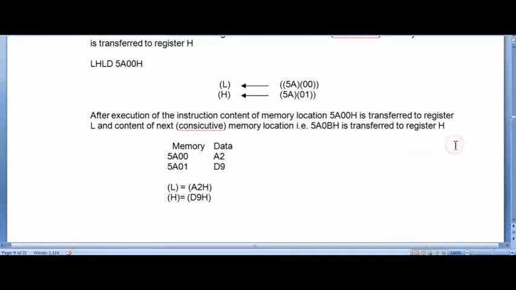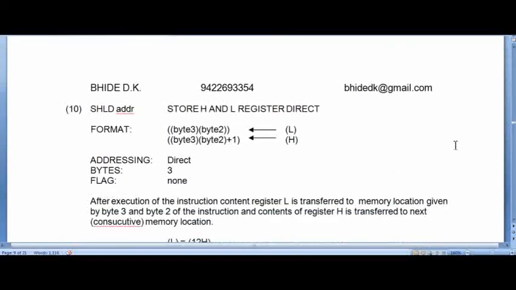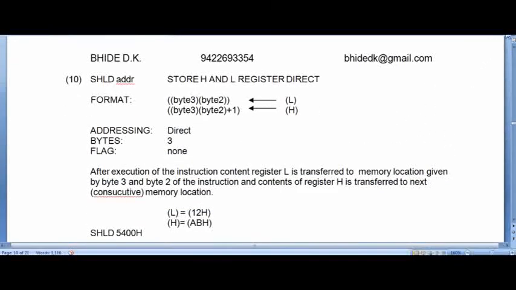Let's move to the next instruction from the group, that is SHLD. It is just opposite to LHLD. We just saw the instruction LHLD address. Here load H and L means we bring the number from memory to registers H and L. Here the exact opposite instruction is SHLD, that means whatever is present in H and L is to be stored to memory.